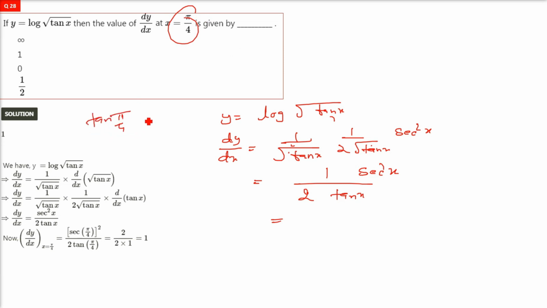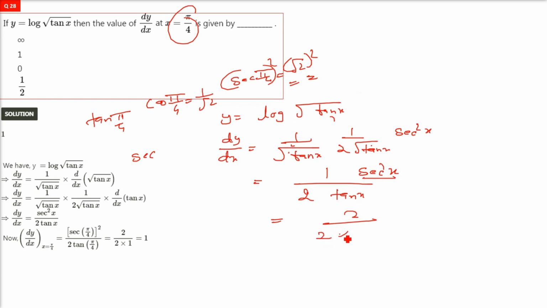Tan 45 degree, it is going to be 1. Sec square, because cos pi by 4 is what? 1 by root 2. So sec pi by 4 will be equal to root 2. When you have a square, it will be under root 2 whole square, that is going to give you 2. So you have 2 divided by 2 and tan pi by 4 is 1. So 2 gets cancelled. You will only get 1. So the answer is 1 here.